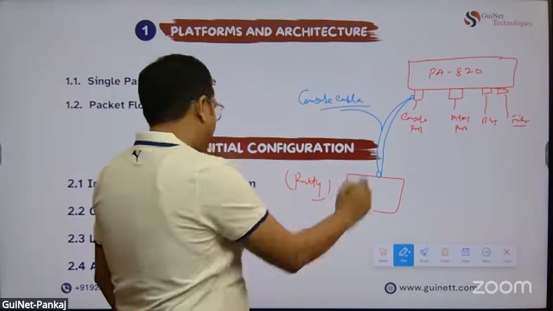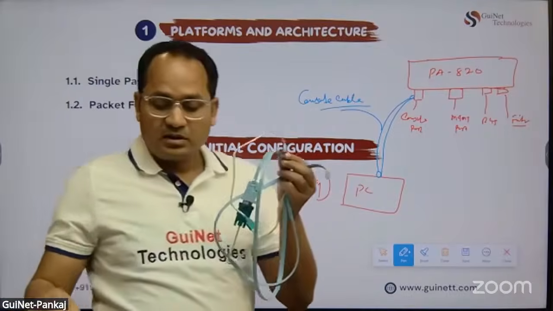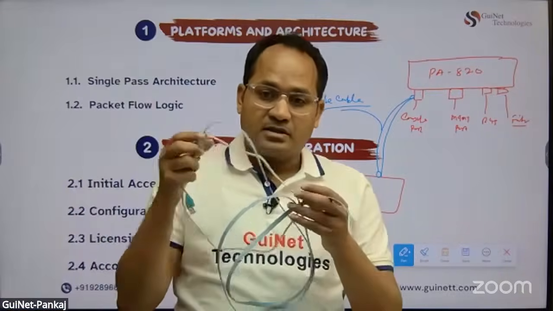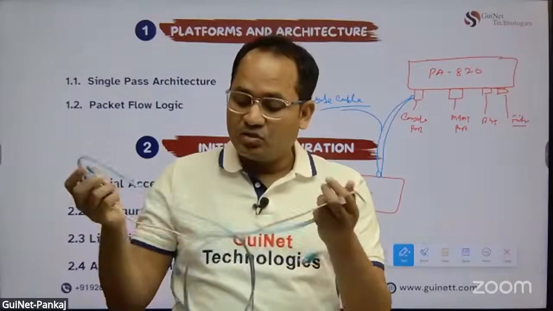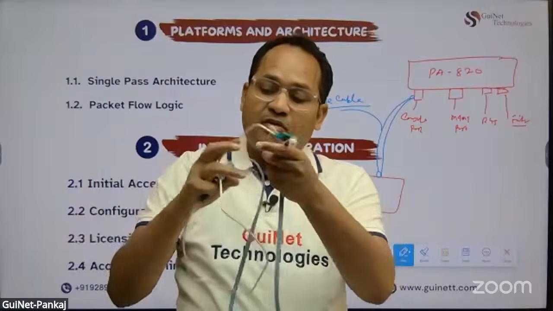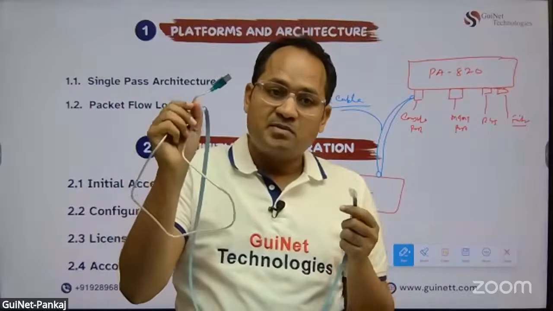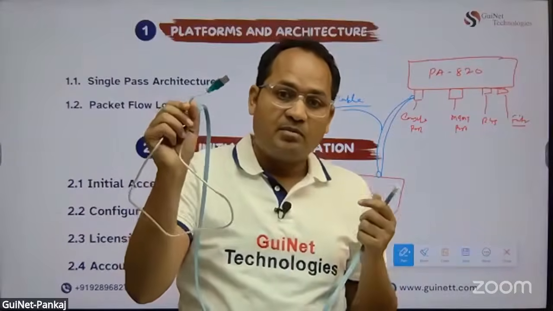And how is the console cable going to look like? This is the console cable. Let me show you. This is the console cable, guys. If you've never seen the console cable, let's see the console cable. This is my console cable. There is an adapter. What happened? One side, this is a USB port. This is going to connect to your laptop or computer.